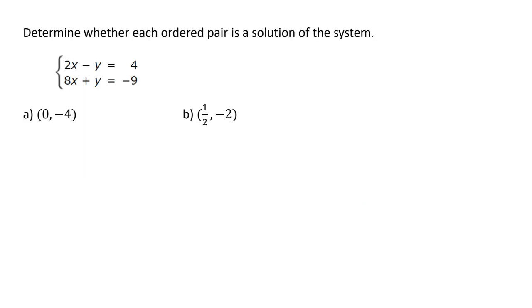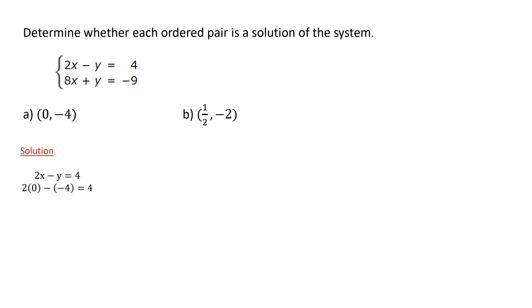Let's determine whether each ordered pair is a solution of the system. Right now we're not solving; we want to verify whether this point is a solution of the system, which means it has to satisfy both equations. The way to do this is to plug in.